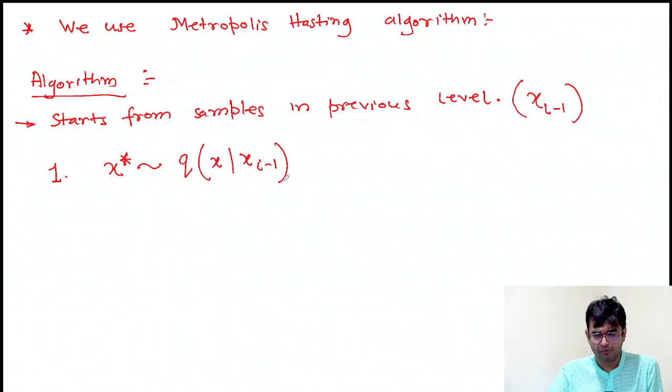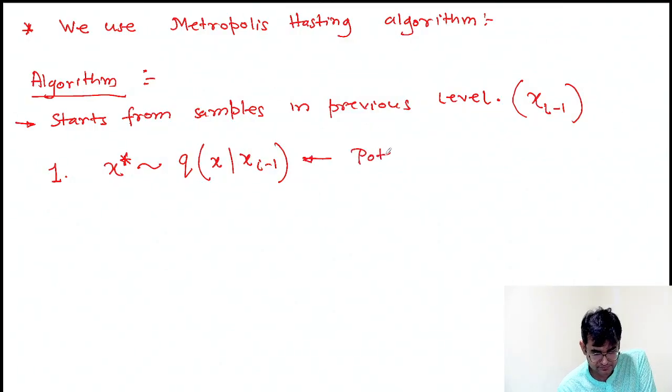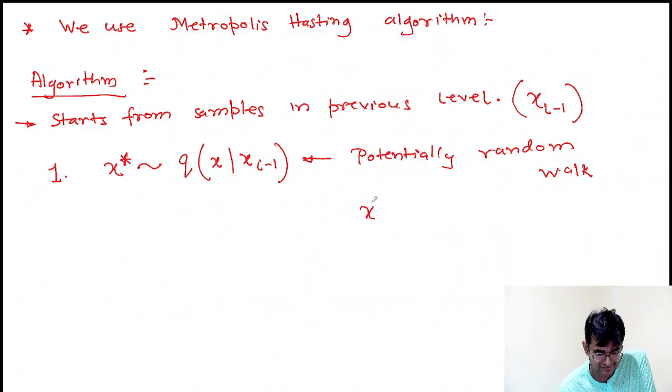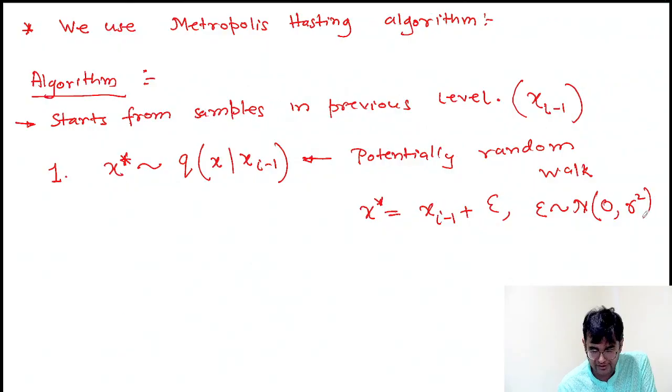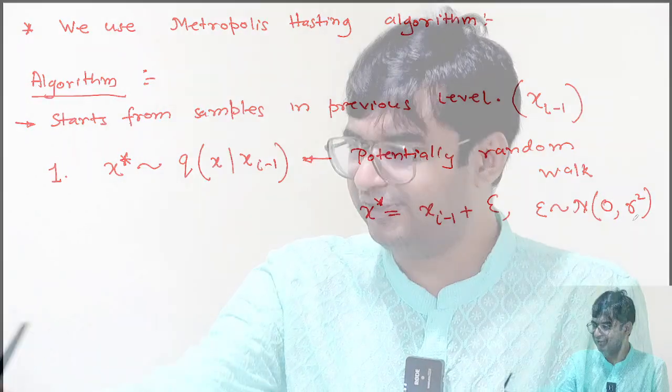The most popular proposal is the random walk proposal, which basically means that your X star is equal to X I minus 1 plus epsilon, where epsilon is drawn from a Gaussian with 0 comma sigma square. And this sigma square is a hyperparameter which you will decide.